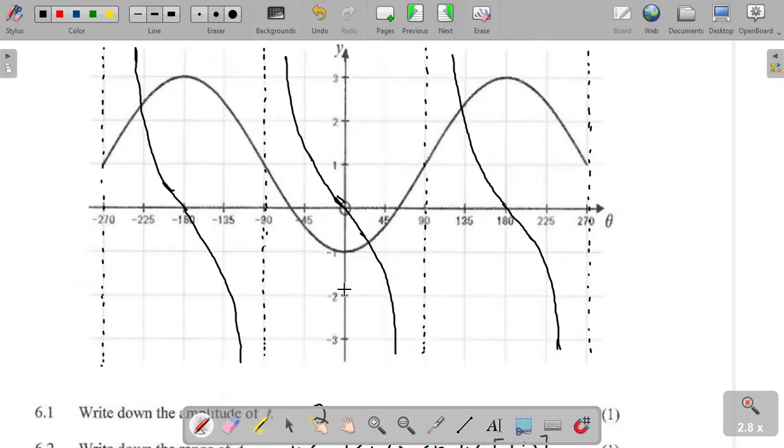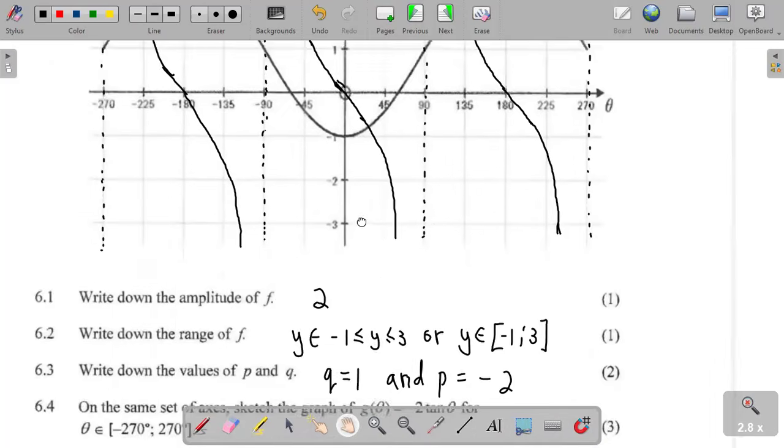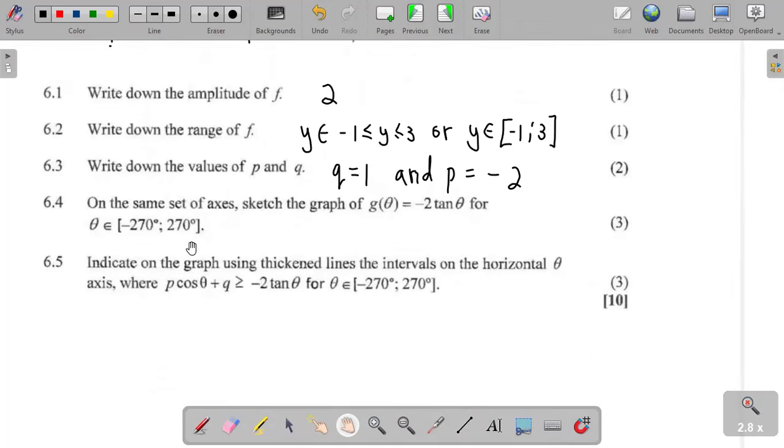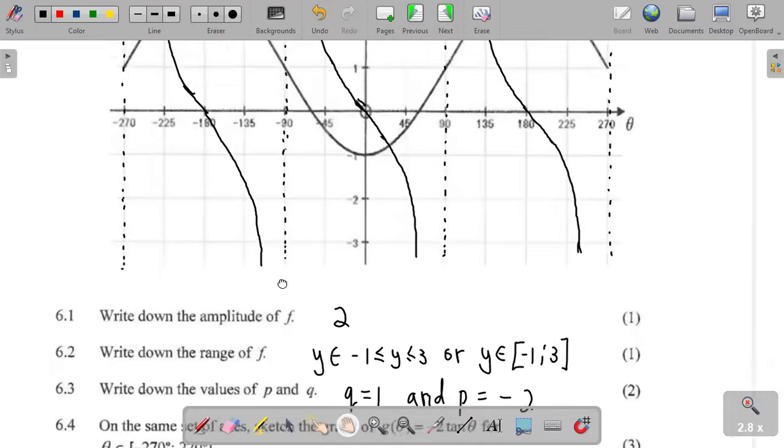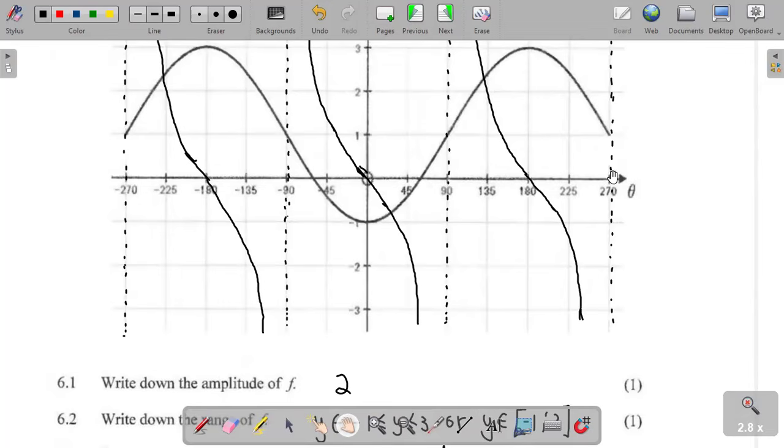So yes, this is what it would be. Okay, that is the graph of -2 tan theta, from -270 until 270. So there will be four asymptotes in that range: an asymptote here, an asymptote here, an asymptote here, and an asymptote here. There will be a total of 4 asymptotes.